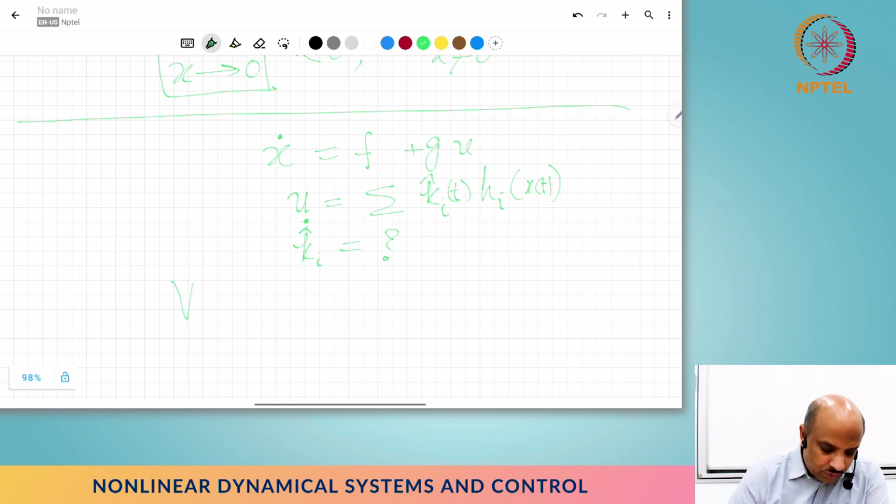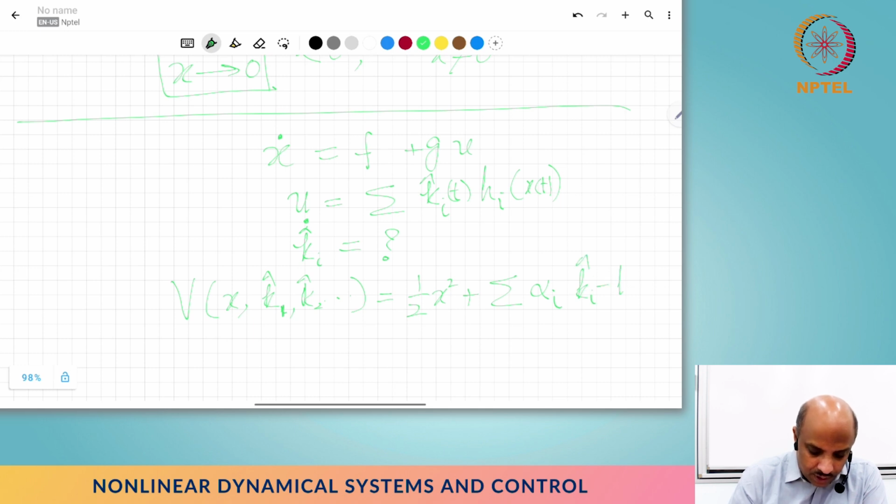So therefore V of x comma k hat 1, k hat 2, and so on and so forth, is essentially half x square plus the summation of alpha i times k hat i minus ki whole square, right? Simple enough Lyapunov function that we've been considering. So this is coming from the error between the actual ki that we know works.